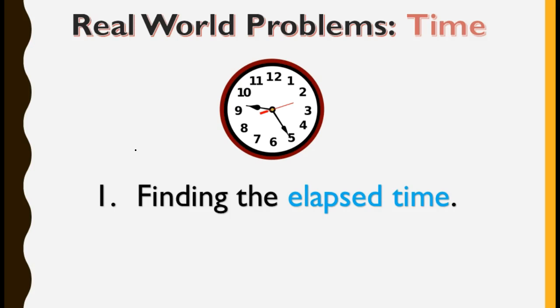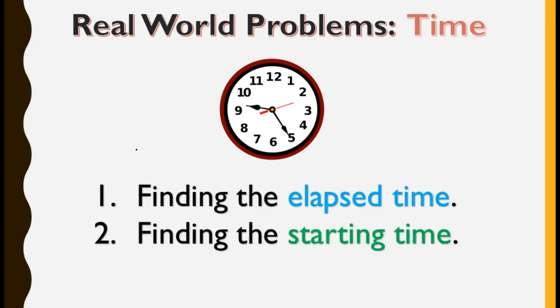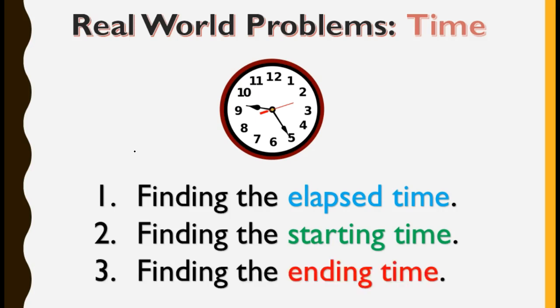Or how long did the movie last? Sometimes they ask you to find the starting time. When did the girl leave? Or what time did the movie start? And finally, sometimes they're asking you for the end time. When did the movie end? Or when did the girl get home? Something like that.